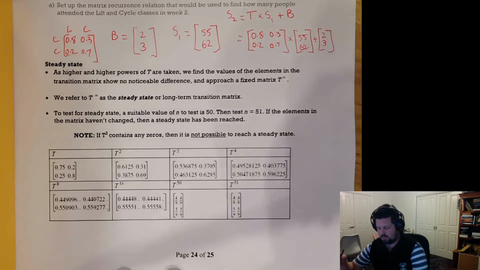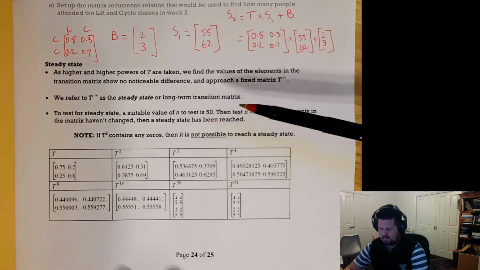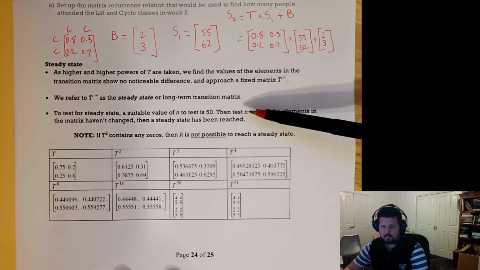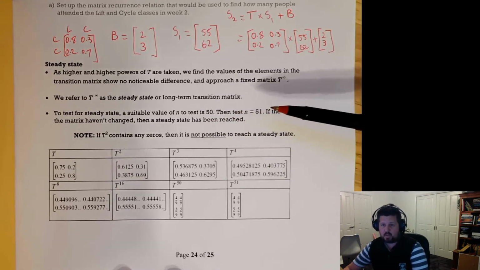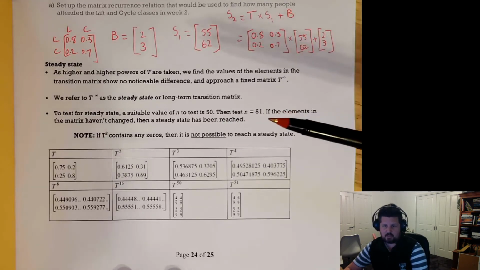So transition matrix to the power of 50 would be good. And so what you would do is you would choose transition matrix to the power of 50, then you would test the one after that. So in this case, transition matrix to the power of 51. And what you would hope to see, if there is going to be a steady state, is that the elements in the matrix haven't changed.